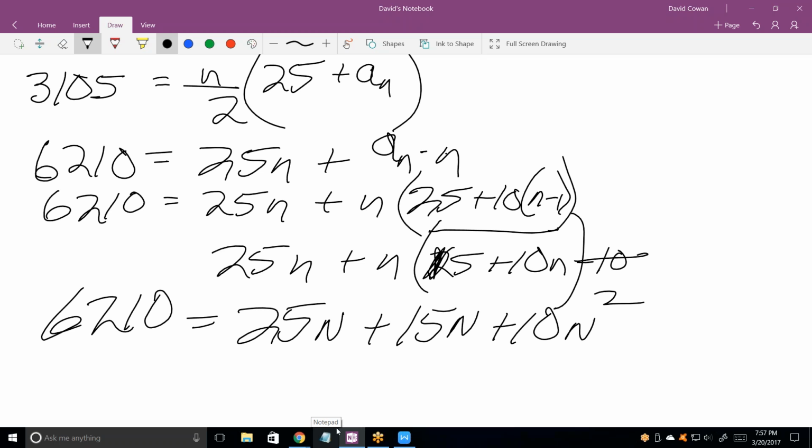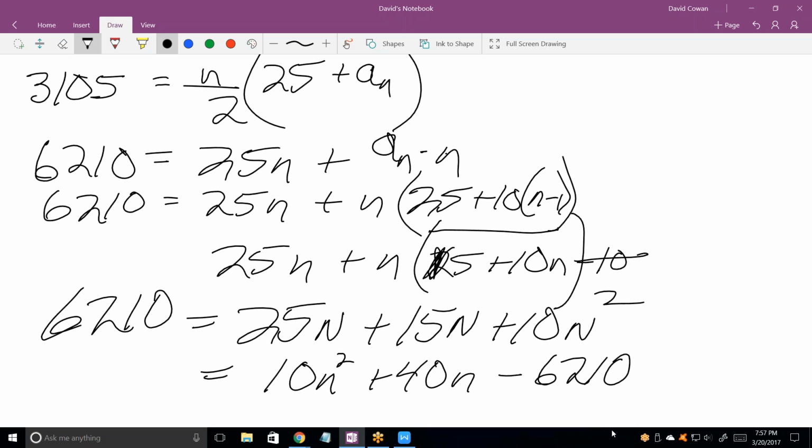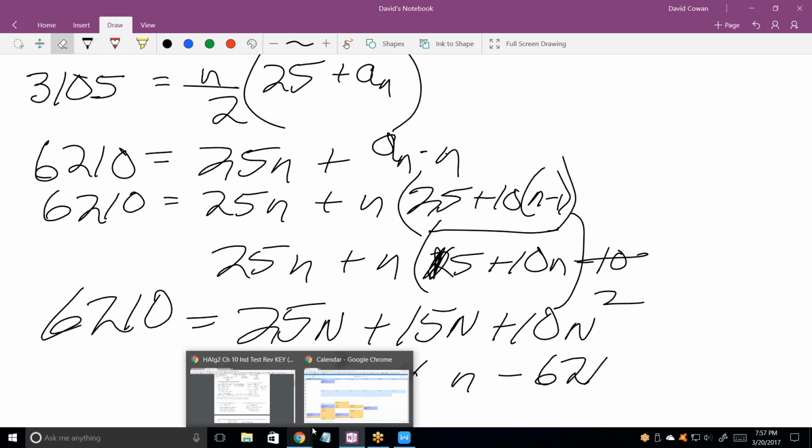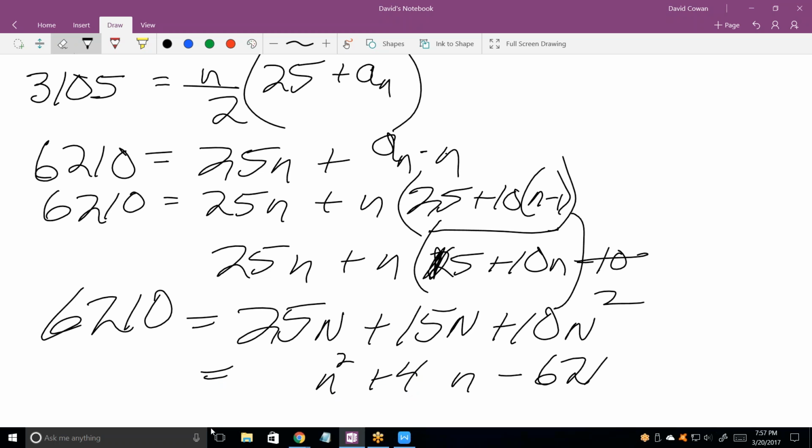All right, and now, like I said, we end up with a big quadratic. Let's start with the n squared term. We got 10n squared plus 40n minus 6210. Well, I can divide everything by 10. And now that's all equal to 0, because I moved the 6210 over.